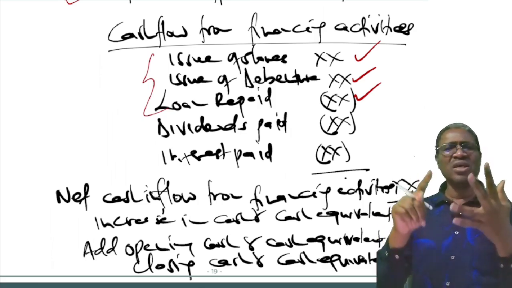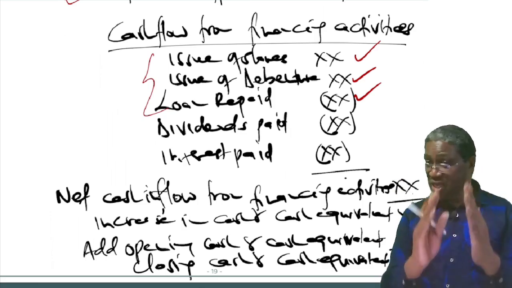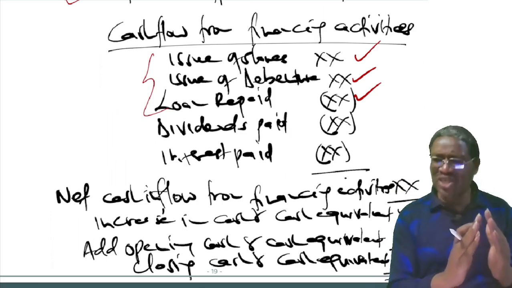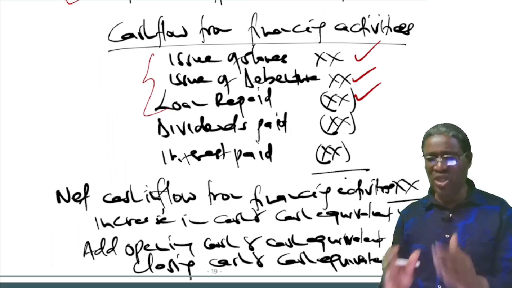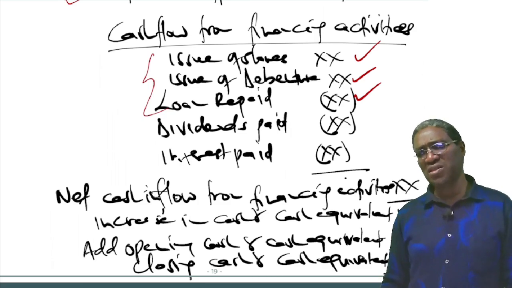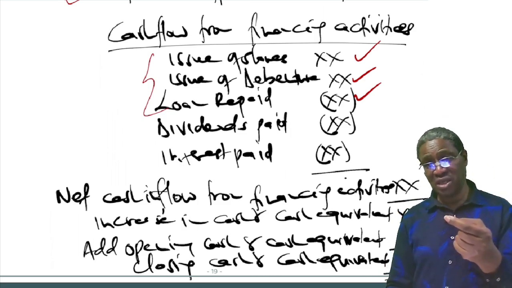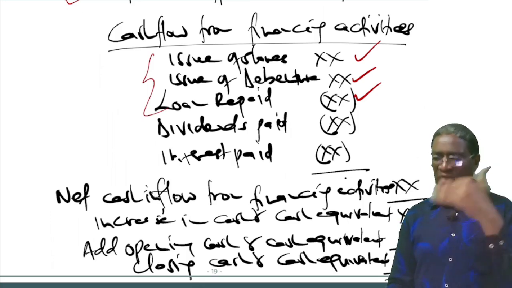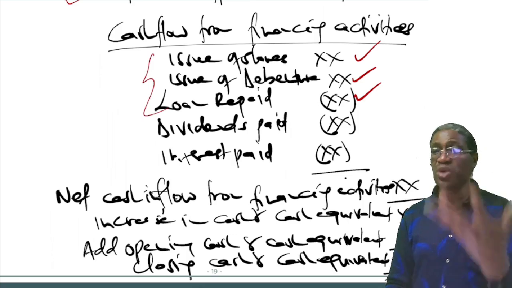Then I said, after you have identified the main financing items like issue of shares, issue of debentures, and maybe additional loan, whatever, we say the returns that you as a company pay to these financiers is also classified as a financing activity, because you issued shares to finance your business. The return that you pay to the shareholders is what we call dividends.